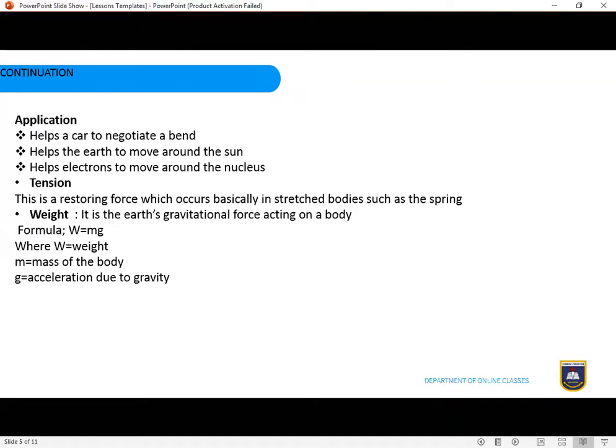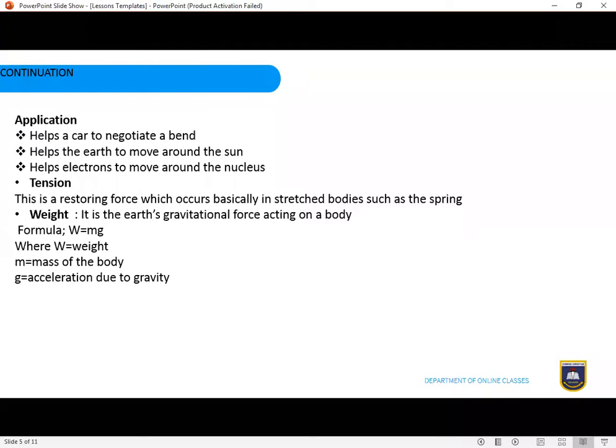It also helps the earth to move around the sun. And the last one is it helps electrons to move around the nucleus. So these are some of the applications of the centripetal force.